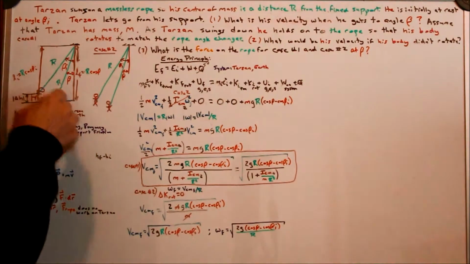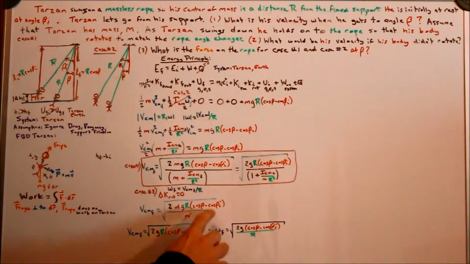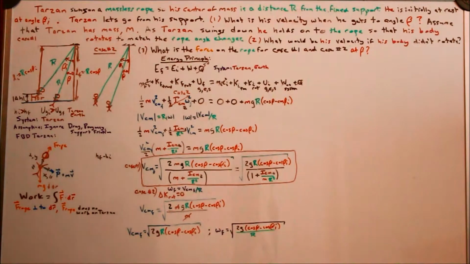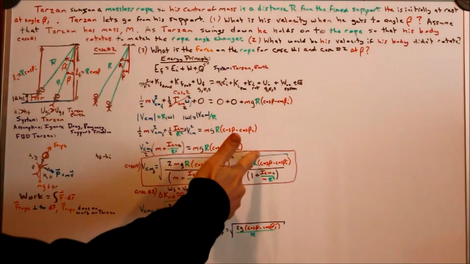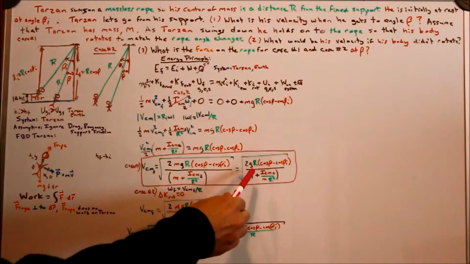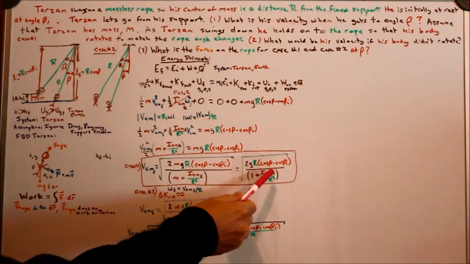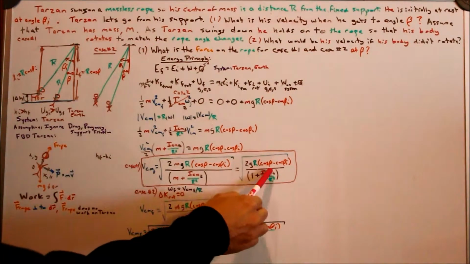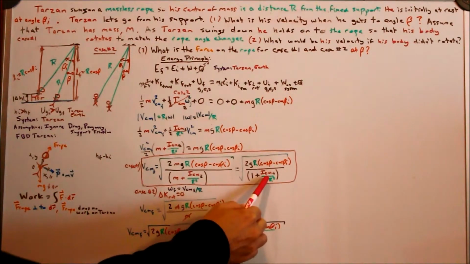The angular frequency is just the velocity of the center of mass divided by r. Then you can compare these two answers. If I do have some moment of inertia about the center of mass and it's rotating, then this is going to be some value greater than 0.